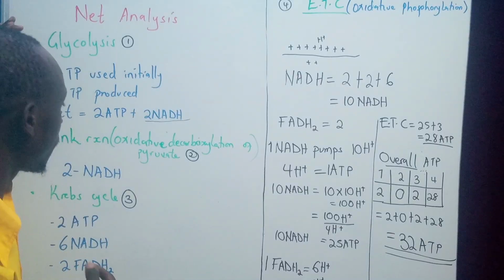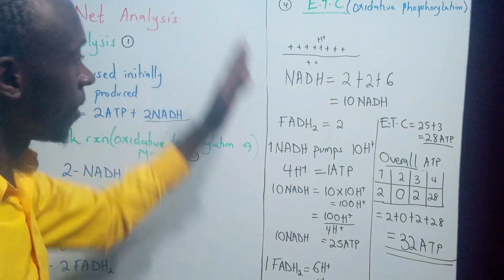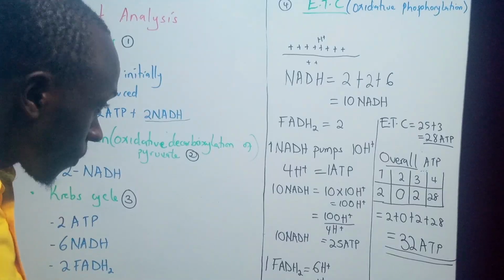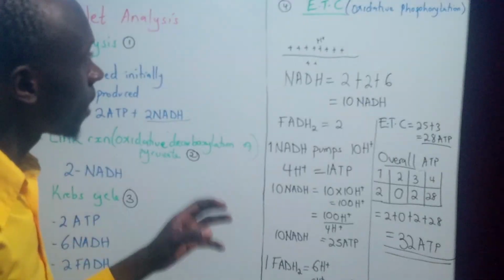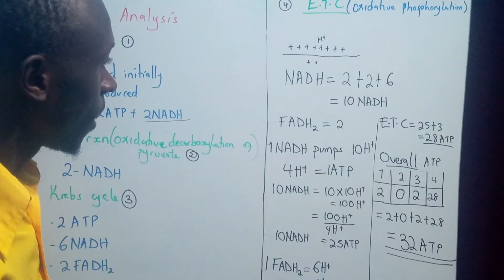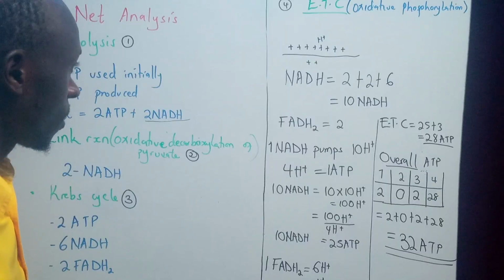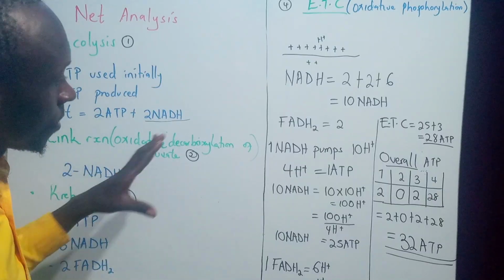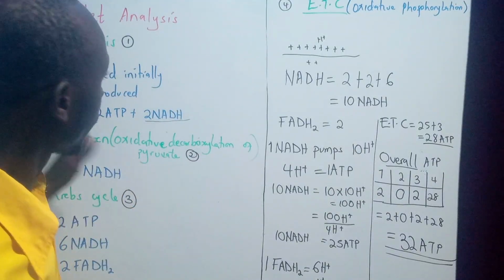The only challenge is that glycolysis and the Krebs cycle yield less energy than the electron transport chain. So the electron transport chain is the most significant part of cellular respiration because of its large production of ATP. If you look at the calculations, it gives us more ATP than the other stages.